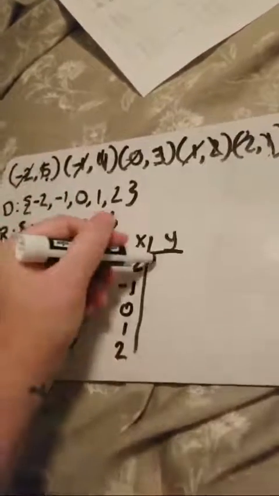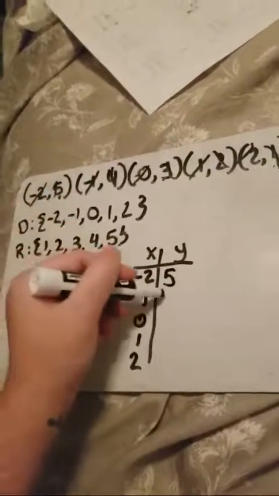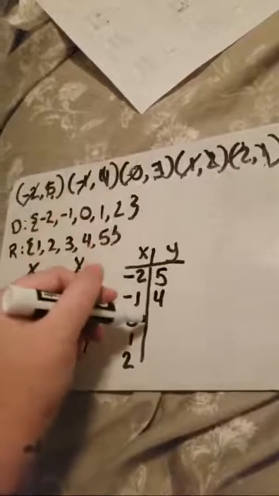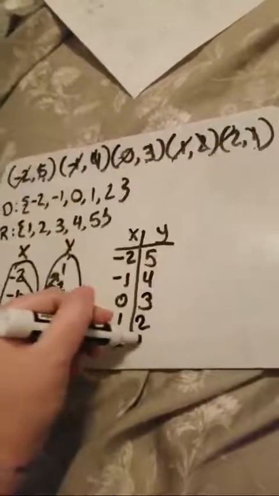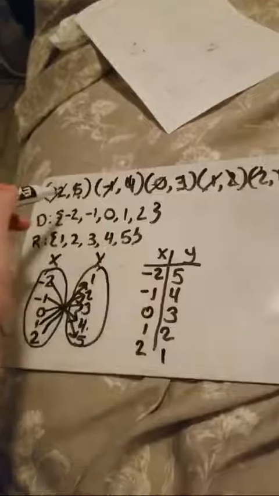So it's going to be -2, 5, -1, 4, 0, 3, 1, 2, and 2, 1. So that's how we get, if we're given a set of coordinates or set of data, that's how we create a domain, a range, a map, and a table.